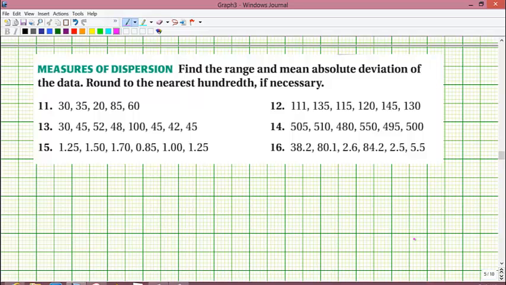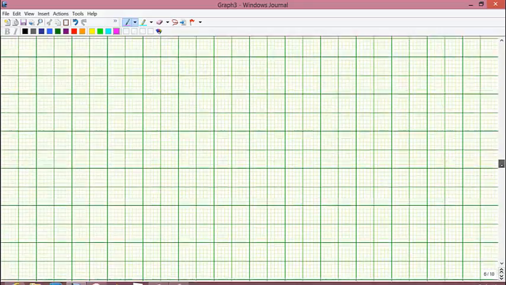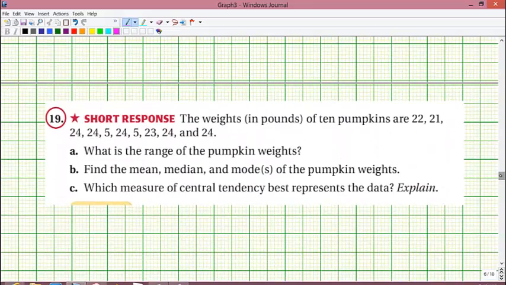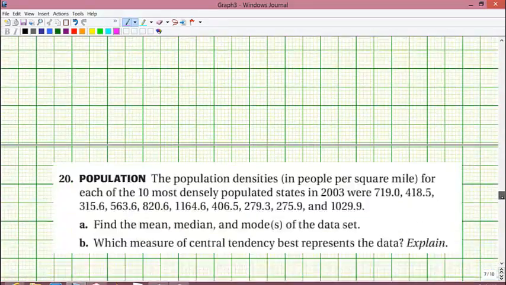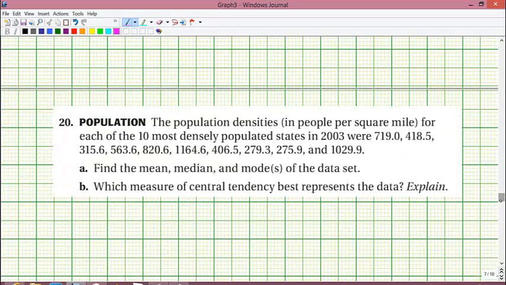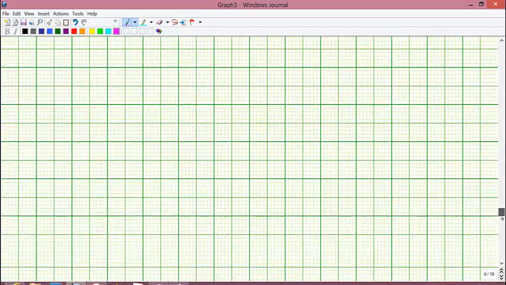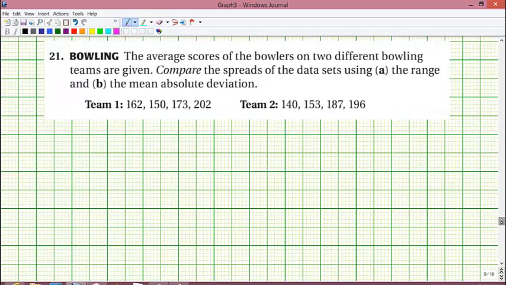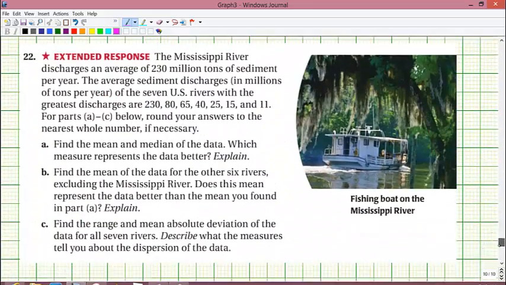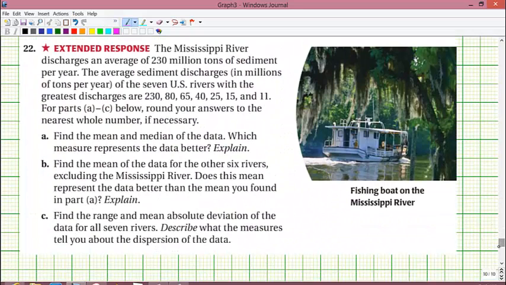All right, there are some word problems towards the end of this chapter, which are here. Question 19, 20, 21, and finally 22. Fantastic. Okay, complete the homework, submit that, and on to the next unit.